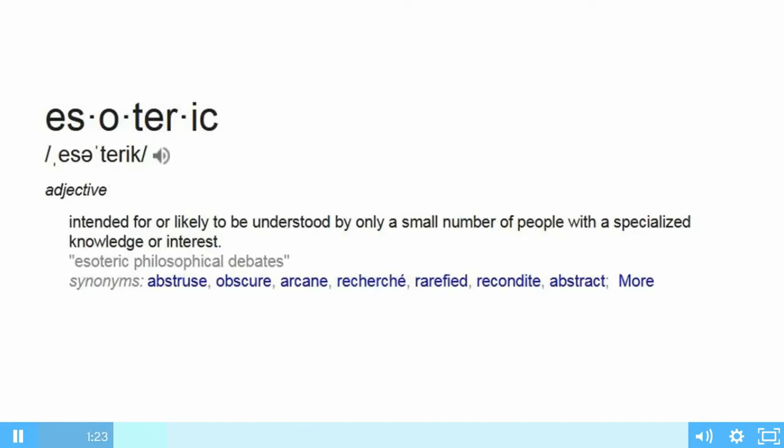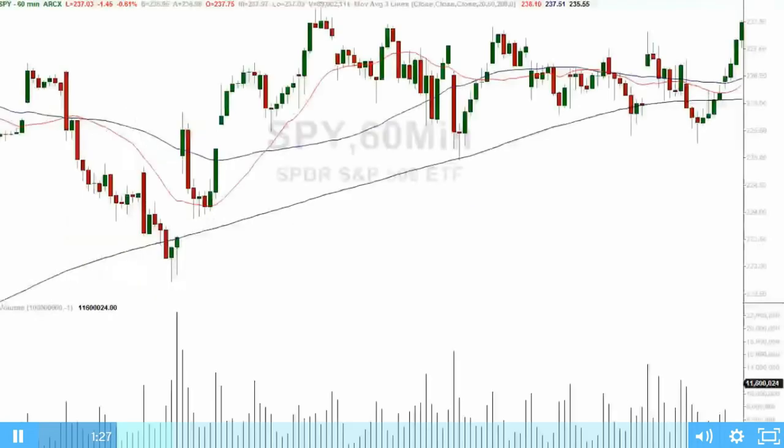Let's start unpacking what I mean by market symmetry and how we could use it to our advantage. Now, I've switched charts on you for a couple of reasons. One is, if you remember earlier in the course, I mentioned that we're going to use a secret weapon. And the secret weapon is how we're going to apply the SPY, or as it's known, the spider chart, in certain aspects of our trading. The SPY chart is the exchange traded fund that tracks the S&P 500.